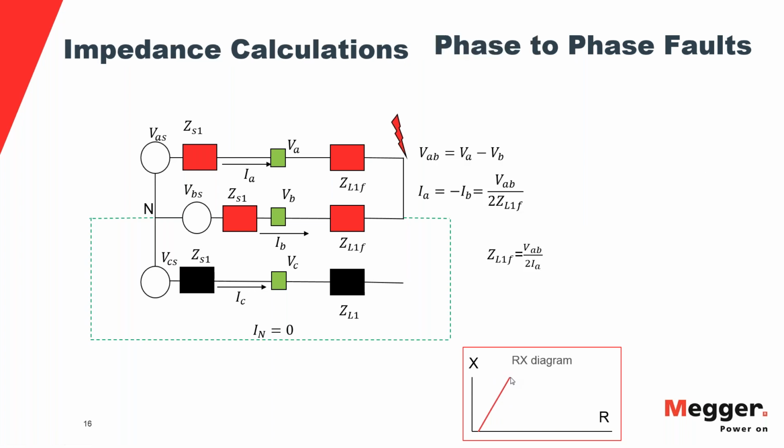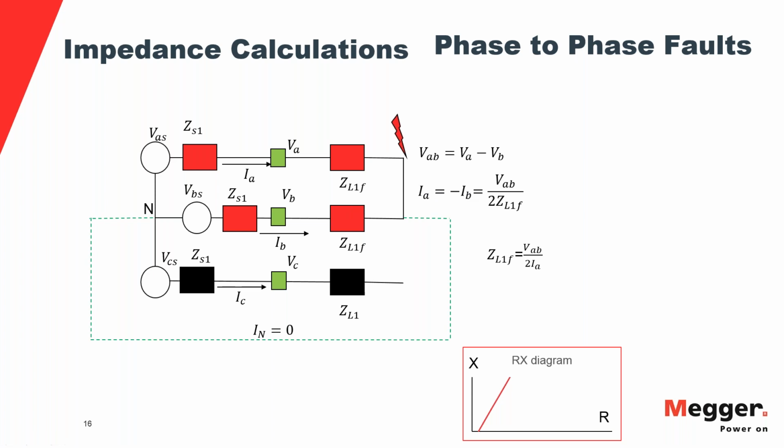In the case of the phase-to-phase fault, we can now discard whatever is happening on phase C for an A to B fault. And in this case, what we are doing is we're calculating the voltage between these two points. Okay, and we can notice that for a phase-to-phase fault, the current that will circulate between A will go back through B. So we can say that IA equals minus IB.